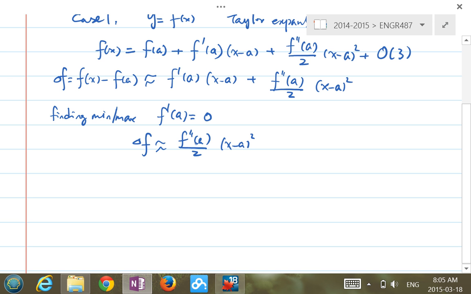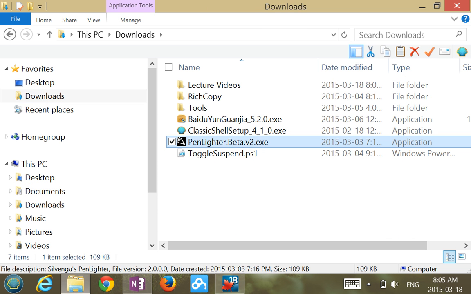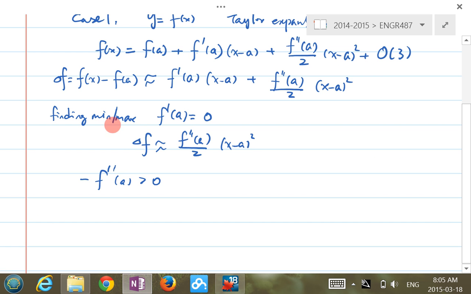So if this is greater than 0, meaning a little disturbance from x equal to a, which is the delta f, is always greater than 0.